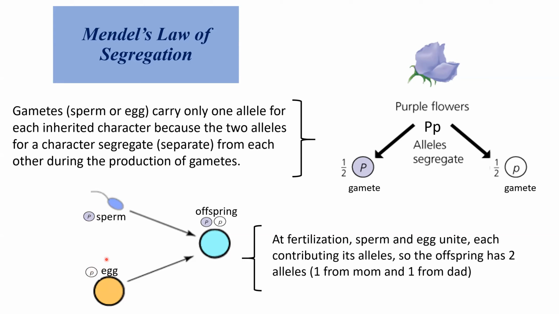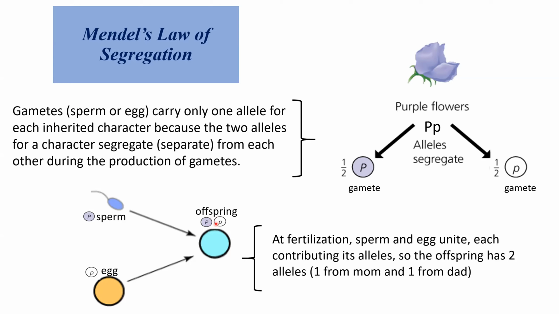At fertilization, the sperm and egg unite and contribute their alleles to the offspring. So the offspring is going to have two alleles: this uppercase P from the sperm and this lowercase p from the egg. So this offspring is uppercase P, lowercase p.